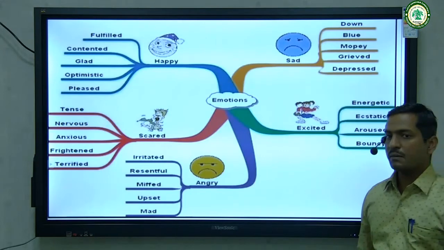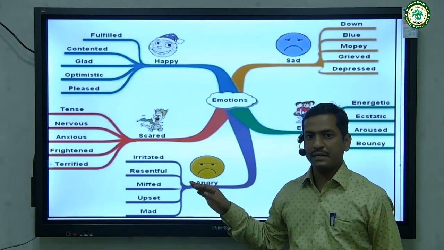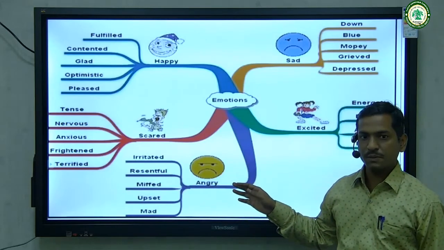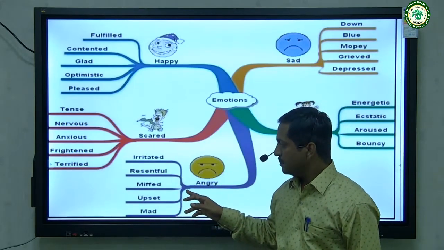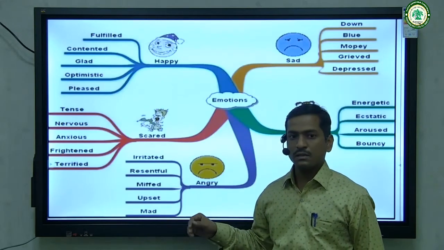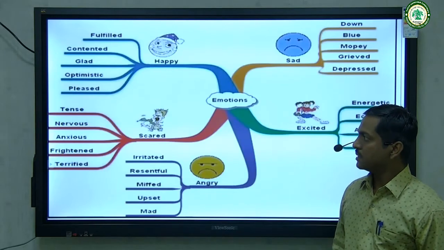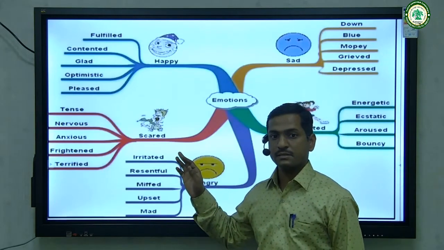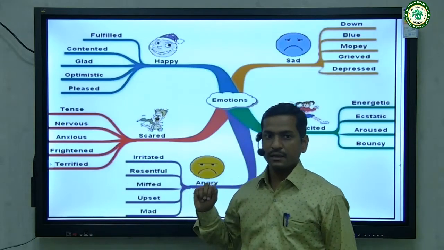When we become angry, our expressions become irritated, we become resentful, we become upset or mad. Then when we are scared of something, we look tense, nervous, anxious, frightened, terrified.